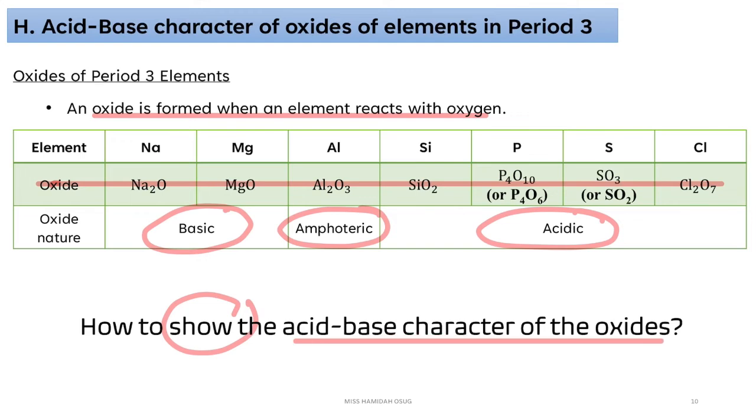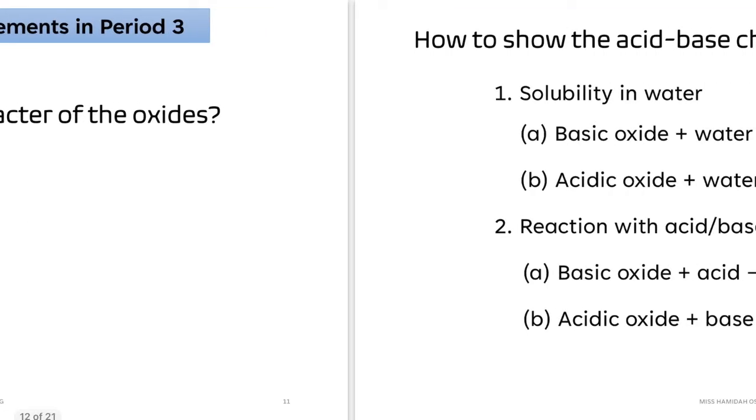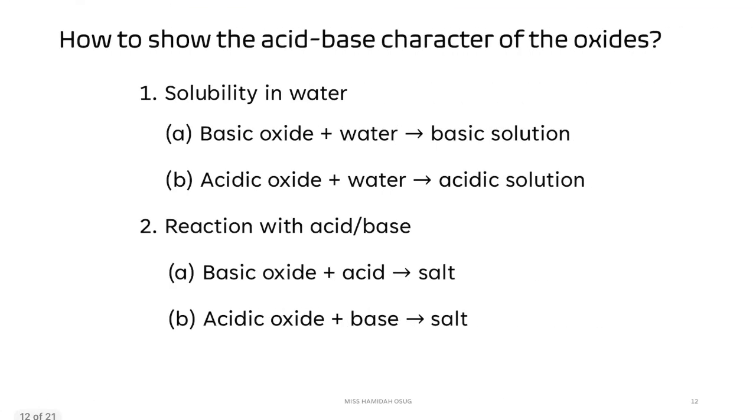The question is now, how can we show the acid-base character of the oxides? There are two ways. The first one, we check the solubility of the oxides in water, and then we check the reaction of the oxides with acid or base solution.